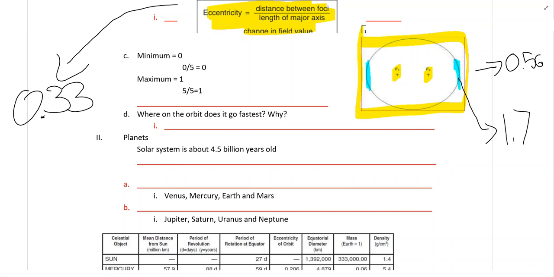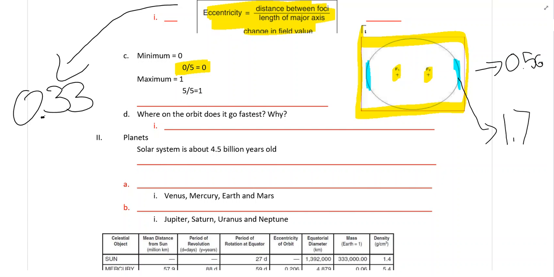So that's 0.33, and we'll notice that it was a number between 0 and 1. The minimum our eccentricity can be is 0. The minimum eccentricity we can have is if there is no distance between the foci. That's like a circle. Instead of having two foci, it's just got one. They're at the same point in the middle.